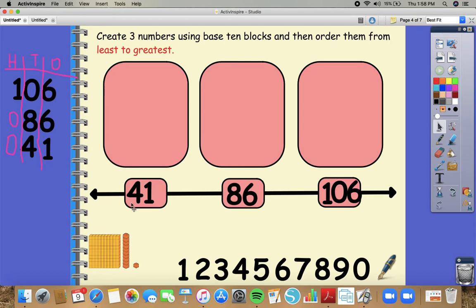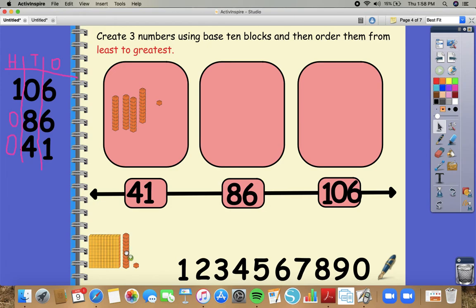All right, so now we're going to make our base 10 blocks. So 41, do we have any hundreds? No. How many tens do we have though? 1, 2, 3, 4, and how many ones? 1. There we go. Now we're going to do 86. Do we have any hundreds?